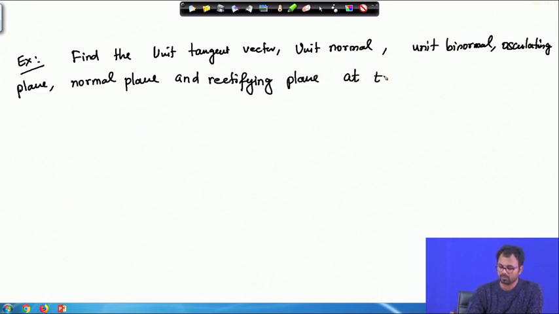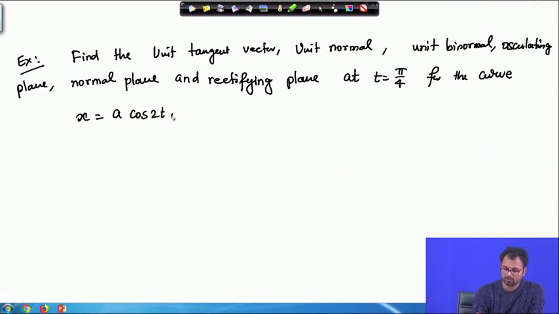at t equals pi by 4 for the curve x equals a cos 2t, y equals a sin 2t, and z equals 2a sin t.